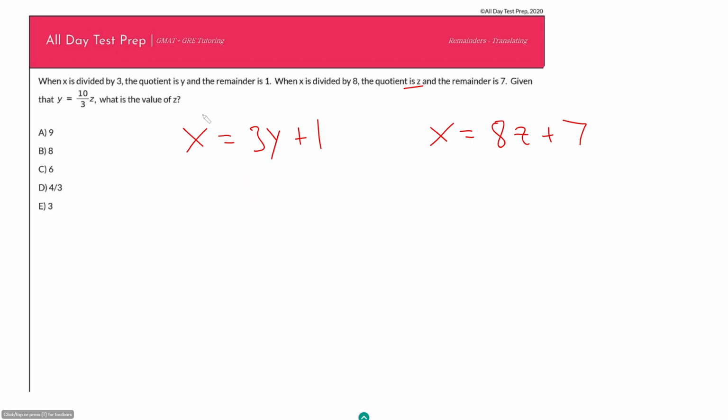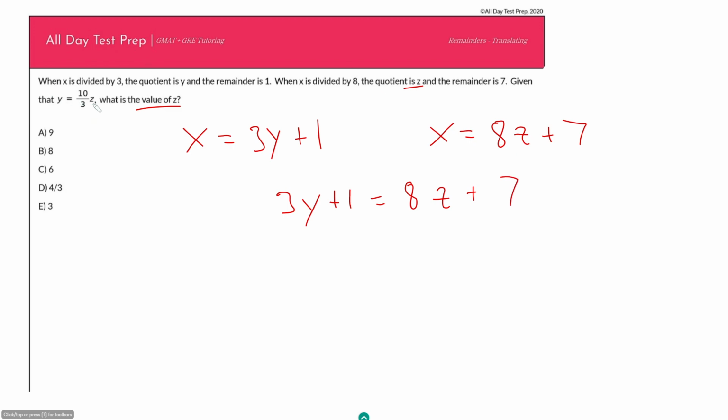In other words, if they're asking for z, then we have 3 variables to start out with, x, y, and z, and we only have 2 equations. And so we've got to start cutting down our variables, because if we have 2 equations, you should only have 2 variables, at least if you want to solve for those variables. So we can get rid of our x by setting 3y plus 1 equal to 8z plus 7.